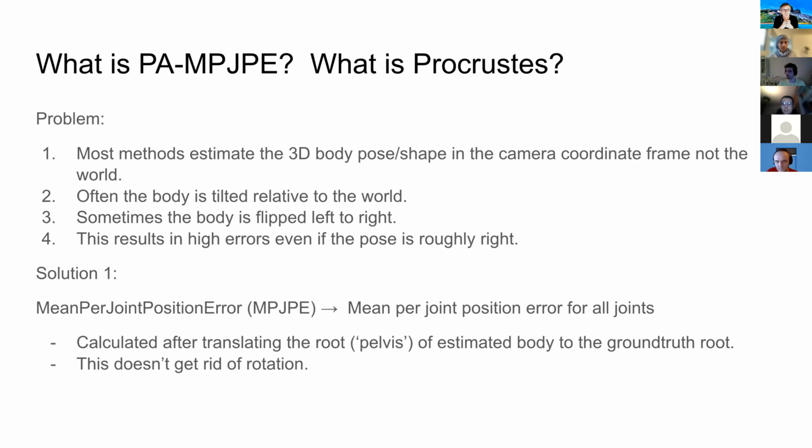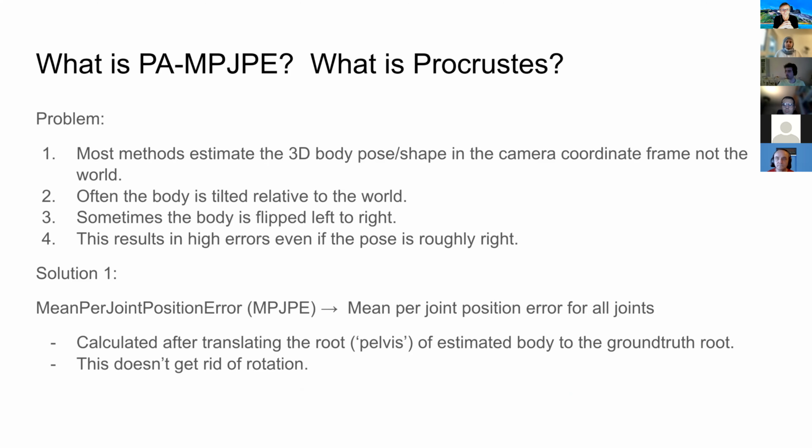And people don't like this because they see that they mostly got the pose right, but they get some high errors on MPJPE, which stands for mean per joint position error, which is computed over all the joints in the body.